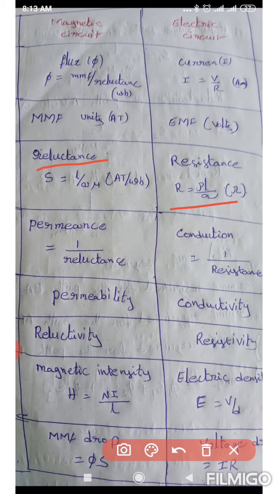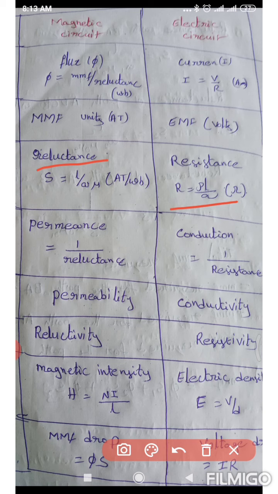Reluctance is also similar to resistance. Resistance opposes the flow of electrons in the electrical circuit. Similarly, reluctance opposes the flow of flux. So these two are the same. Here we use the name resistance; in magnetic circuit we use the name reluctance.